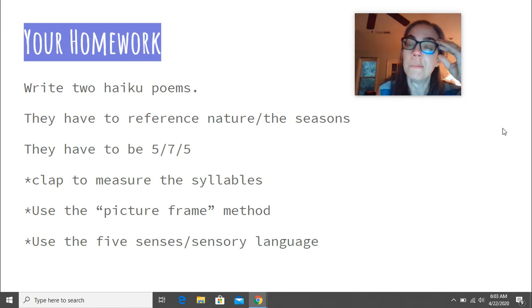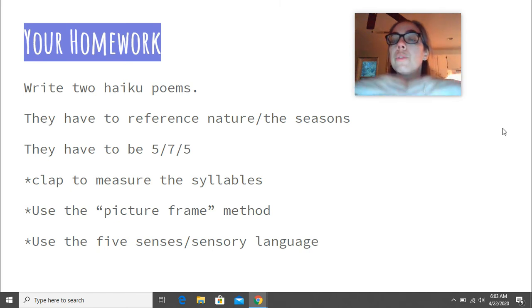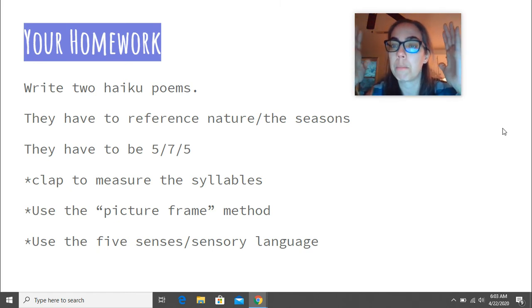Okay. I've got a little worksheet that's going to be on here that could help you go through this, but you don't have to do it. It's just there to help you. It's a step-by-step process for writing haiku. Once you've written something and maybe you have too many syllables, think about how you can pare it down. Is this article necessary?